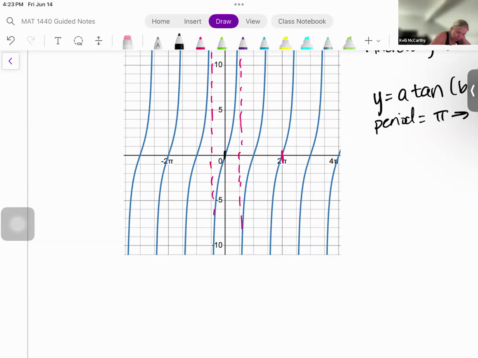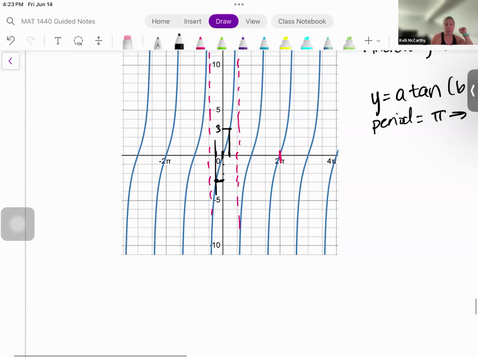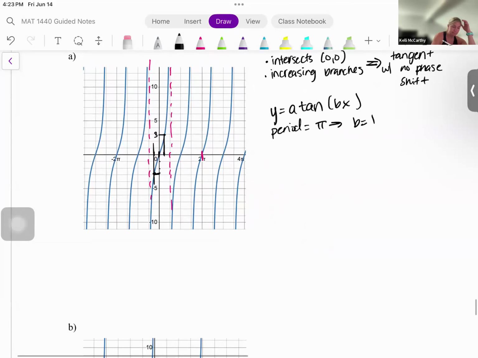So there's midway, here's midway, there's midway. And really what we're looking at is where does this quarter segment intersect and what's the height? So it looks like that's at -3 and +3. So that tells me that my amplitude is 3. So my equation is y equals 3 times tangent of x.